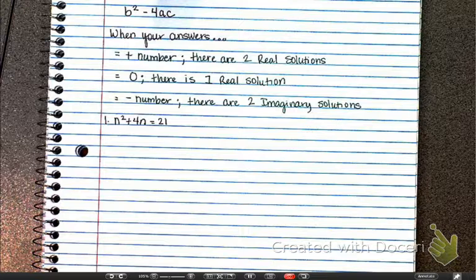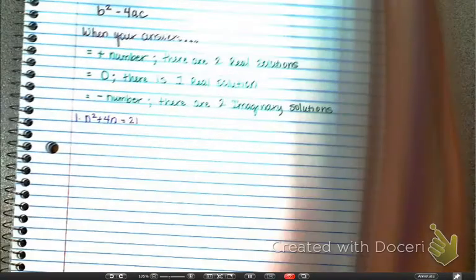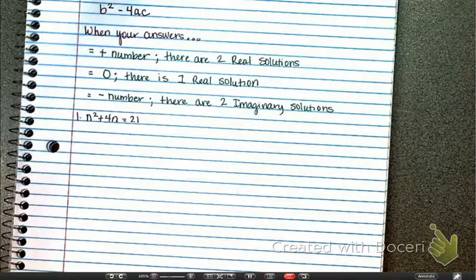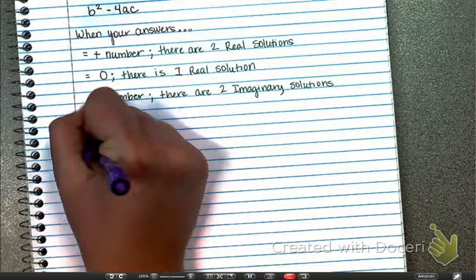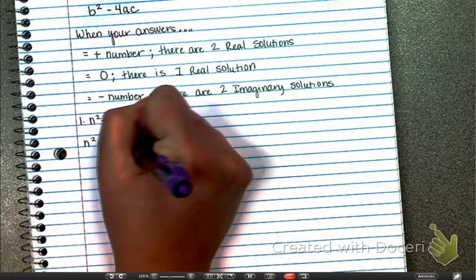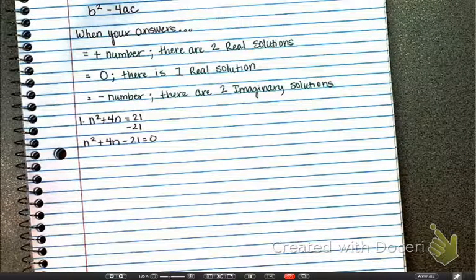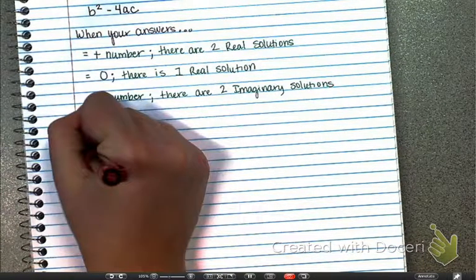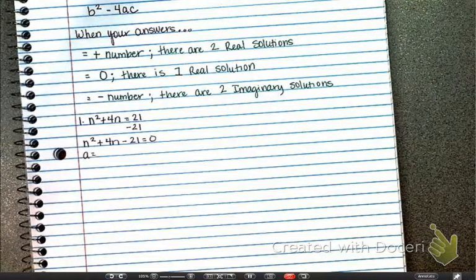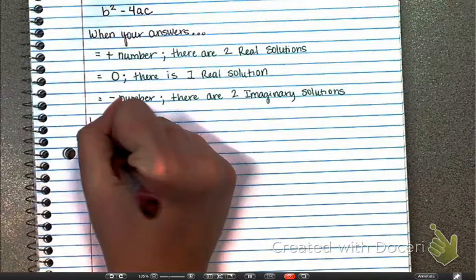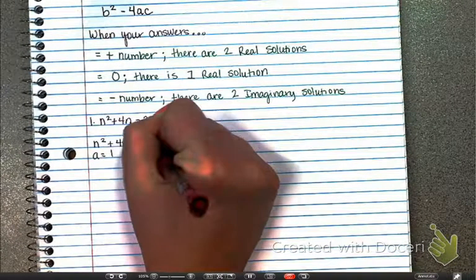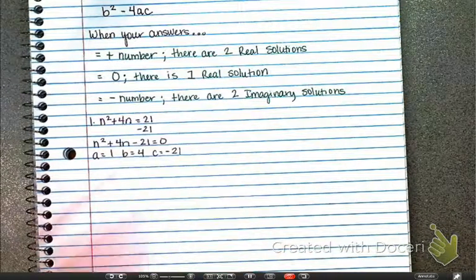Subtract 21. Okay, so I'm going to start by subtracting 21 from both sides. So I get n squared plus 4n minus 21 equals 0. Can you identify your A, B, and C? A is 1. B? 4. C? Negative 21. Okay, everyone okay with those three?